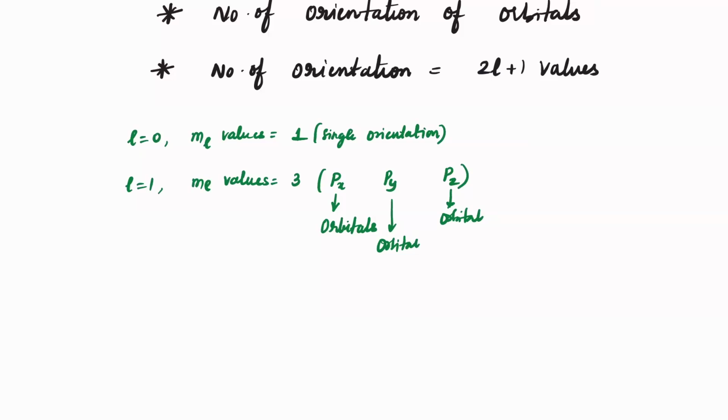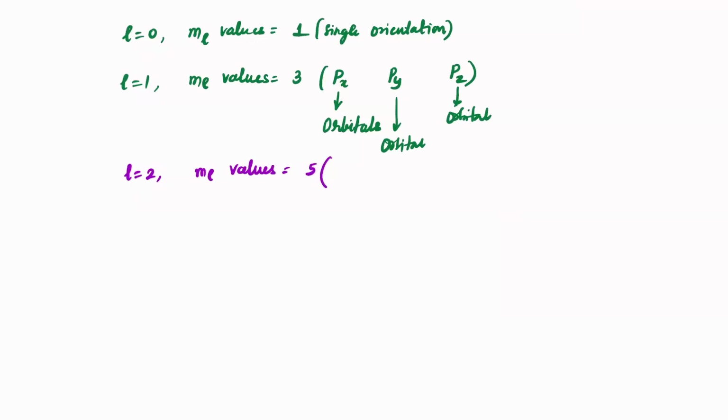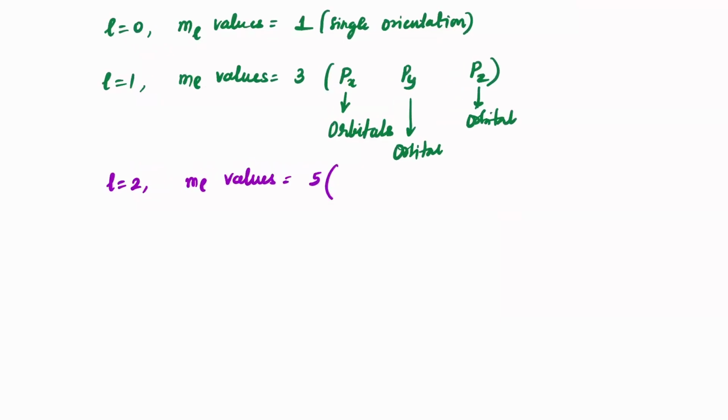That space is what we call an orbital. Next, if L is equal to 2, the ml values we will get here are 5. This is based upon mathematical calculation in the Schrodinger's equation.